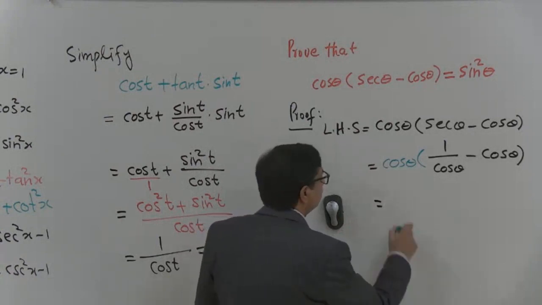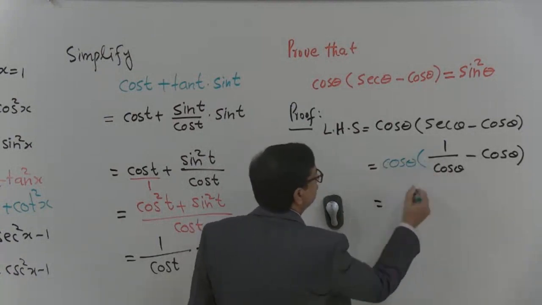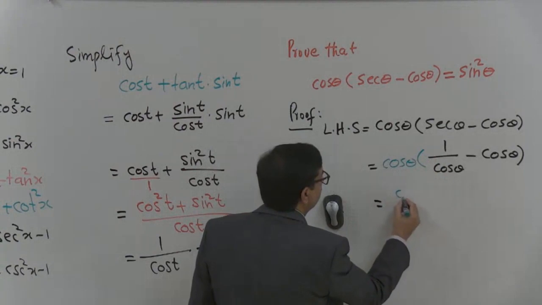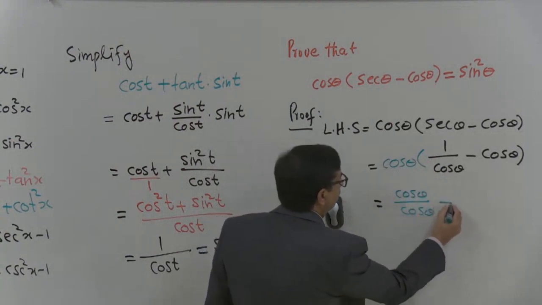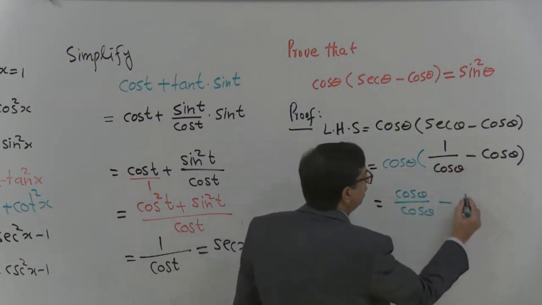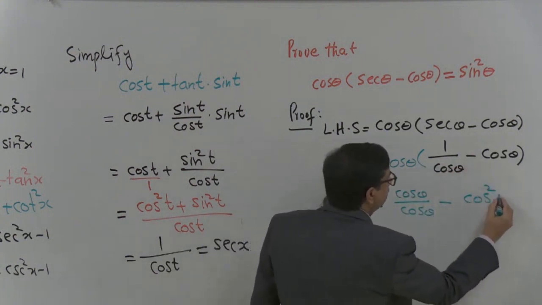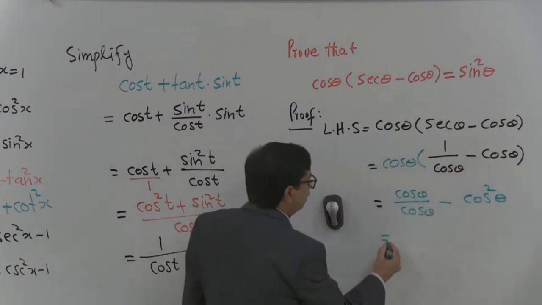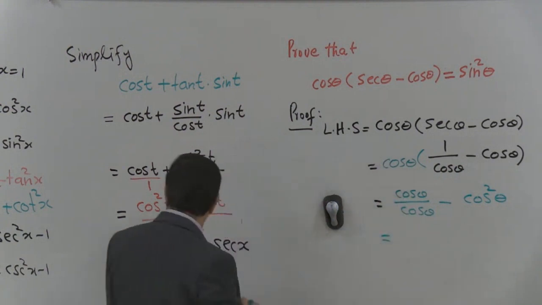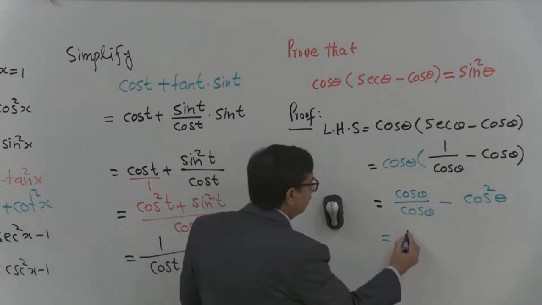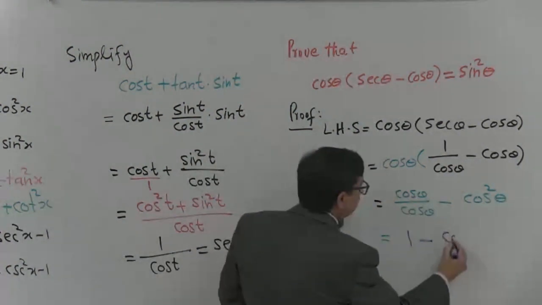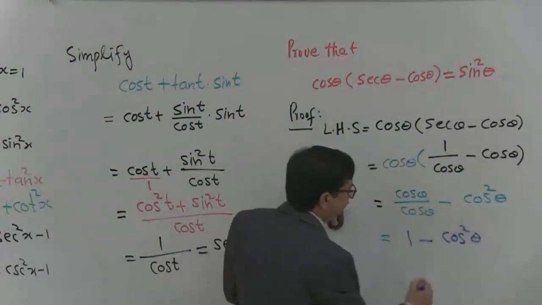And we see when you multiply, this becomes cosine theta over cosine theta minus cosine multiply with this one, cosine square theta, and cosine theta over cosine theta is equal to 1. Very good. This is 1 and this is cosine square theta.